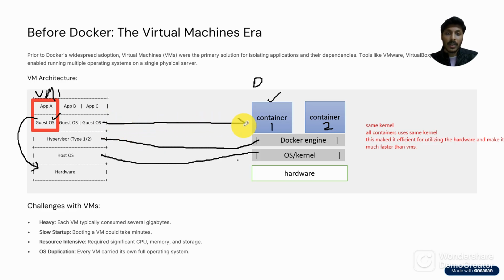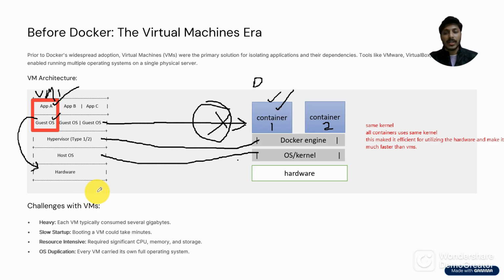You can see there is no layer here of the guest operating system. This is where the main difference lies. So it is not present, and the application we want to run can be run on the containers without any flaws, and with all the dependencies. As I told you, a container contains all the dependencies as well as the software or application you have developed.